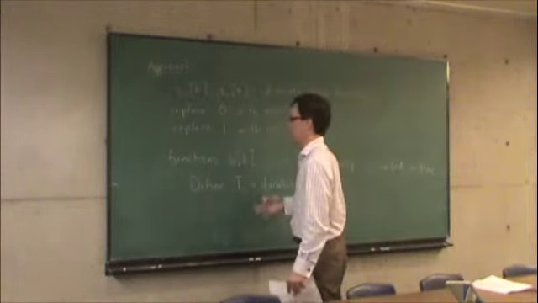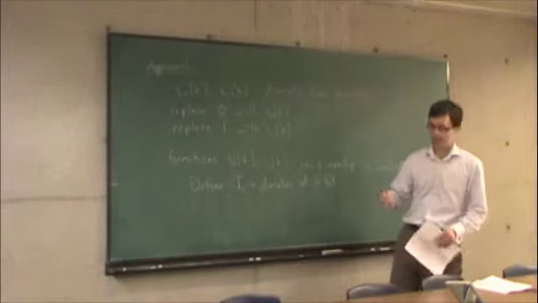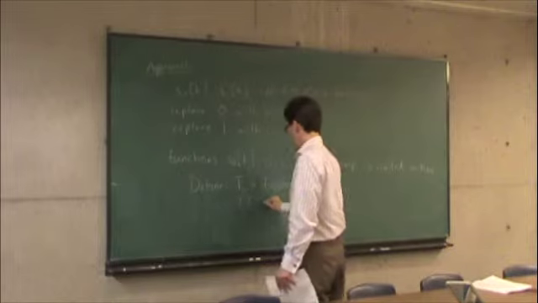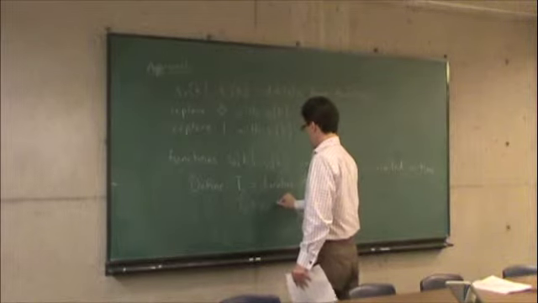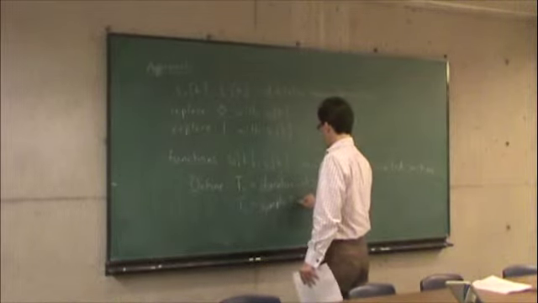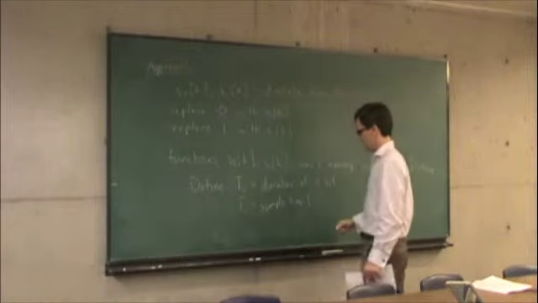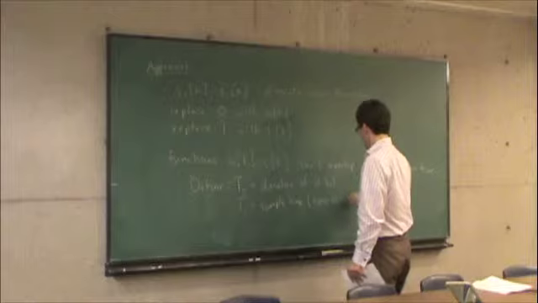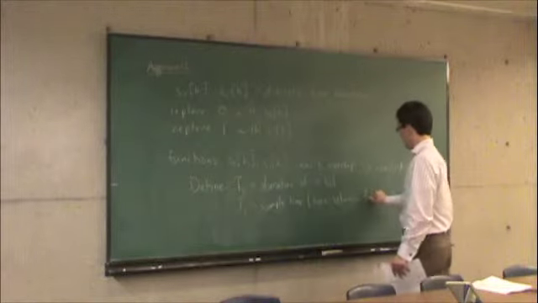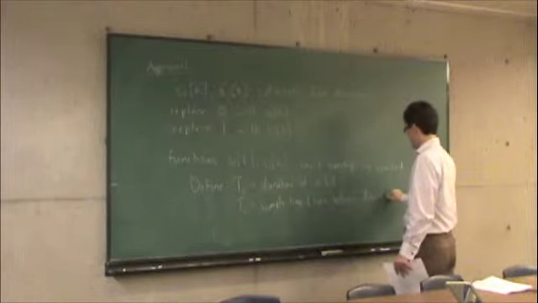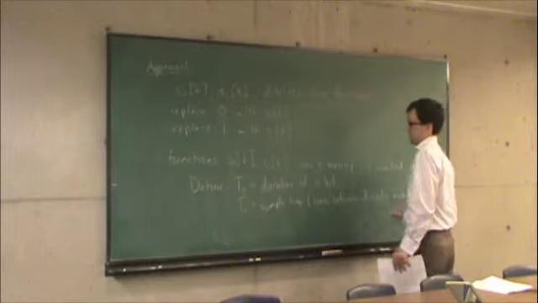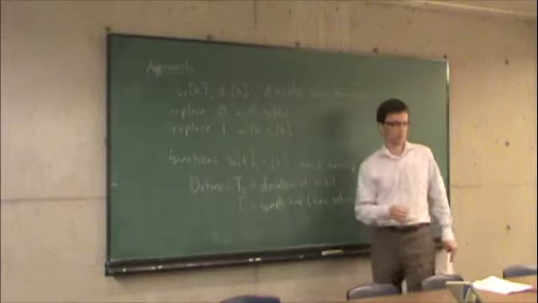Remember, these are discrete time functions, so I'm going to define T sub s as the sample time. In other words, the time between discrete instants. Or in other words, it's basically the time between k and k plus 1.